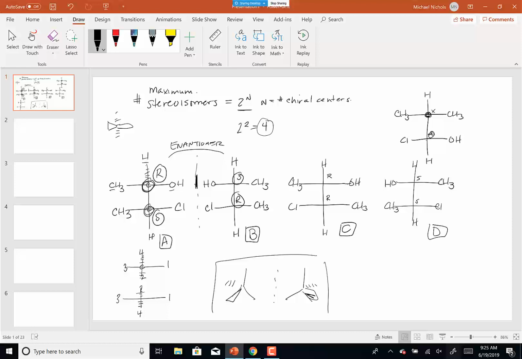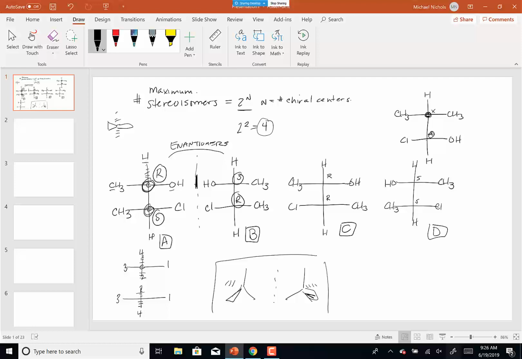So A and B are enantiomers. We also then said, okay, if molecules are enantiomers, every single chiral center in those two molecules will be opposite in configuration. So if you start with RS, you're going to end with SR. And so I could give you the letter combinations and you could tell me, well, they have to be enantiomers because every single chiral center has an opposite configuration.